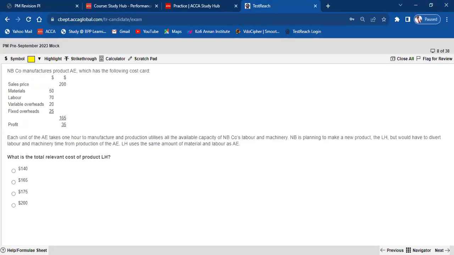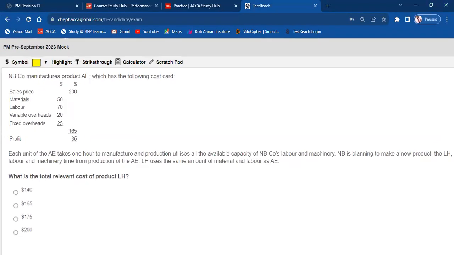NB Co manufactures product AE, which has the following cost card. So we'll make a profit of 35. Each unit of the AE takes 1 hour to manufacture, and production utilizes all the available capacity of NB Co's labor and machine. So it means that there's no spare capacity for labor, there's no spare capacity for machines.